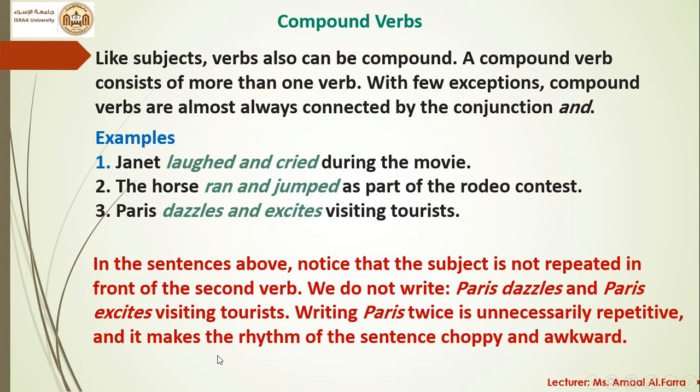And it makes the rhythm of the sentence choppy and awkward. We said that lots of repetition makes the sentence what? Awkward, choppy. So we only write the subject once because these two verbs share the same subject. No need to repeat it again before each verb.